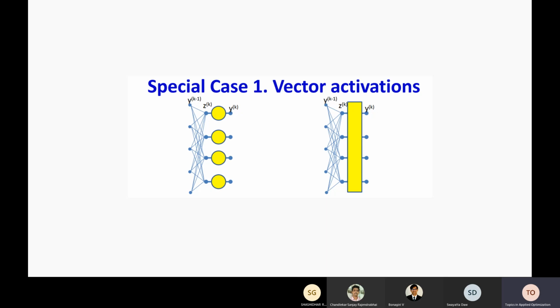There are cases where we have vector activations. So far we have assumed that activation functions are scalar activation functions like sigmoid, but we could also have a vector activation function. In that case we have to change a few things in the derivative computations.